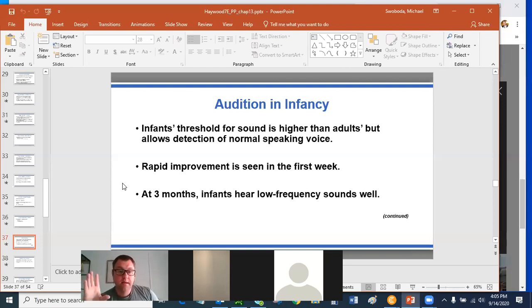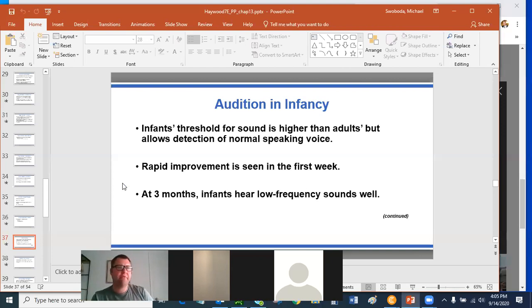Infants cannot hear low frequency well. Around three months, they can start hearing that well. But if I were to blast the bass on a newborn, they're really not going to hear it, the same way that you are not going to hear an ultra high frequency sound.